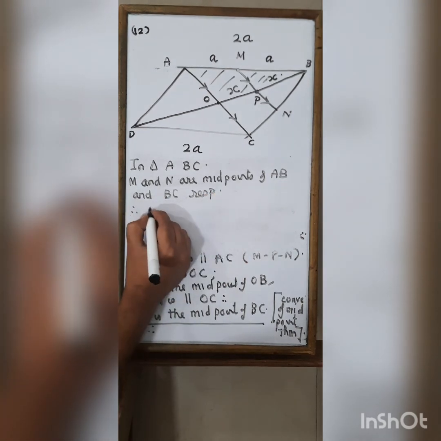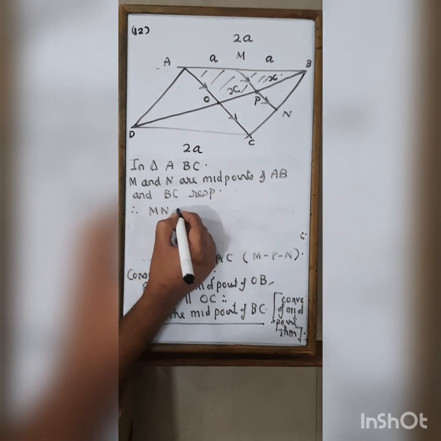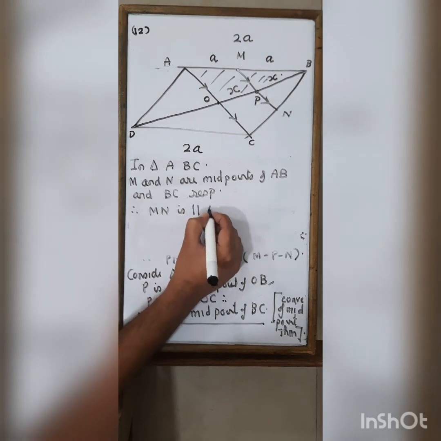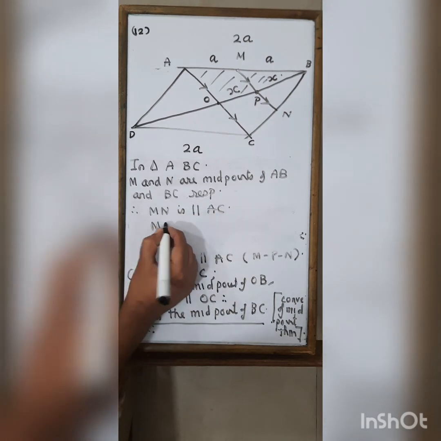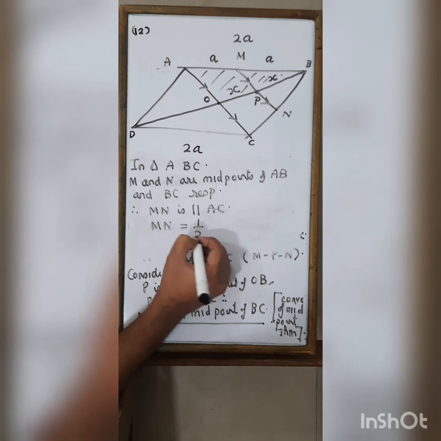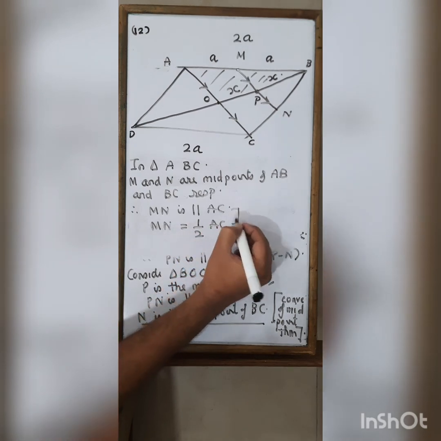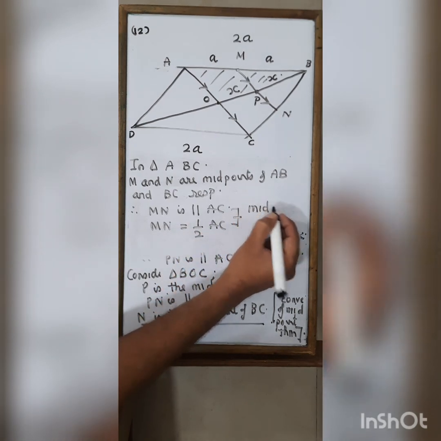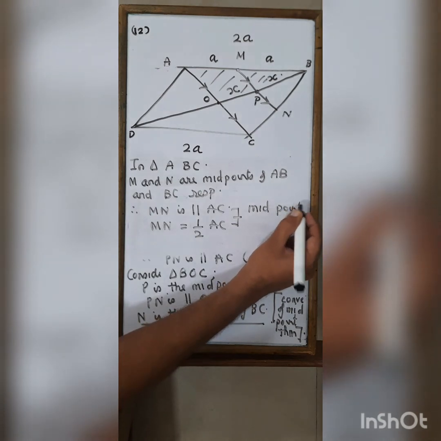Therefore, MN is parallel to AC and MN is half of AC. This is by midpoint theorem. Easy?